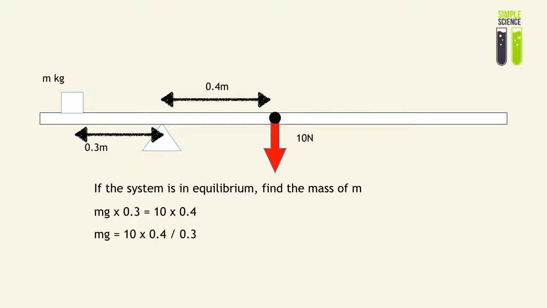However, you can replace g, and you can find m as 1.3 kilograms. So that's very basic, but this is when we're looking at a uniform object where the center of mass is right at its center.